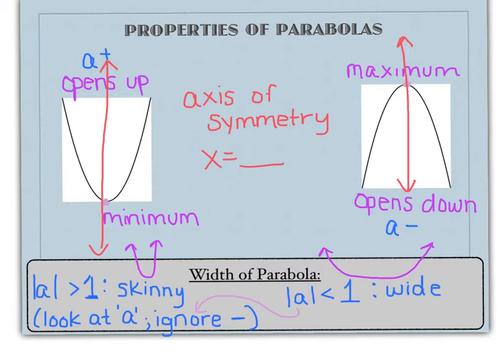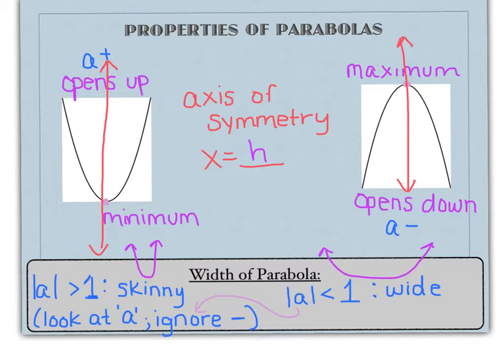Well, we know that the axis of symmetry goes right through the vertex, so it must have the same x value as the vertex. And you'll remember that the vertex is always (h, k), so the axis of symmetry is always just x equals whatever h happens to be. We'll do an example like that in a minute. It's one of the easiest questions I can ask you, especially if you've already found the vertex.